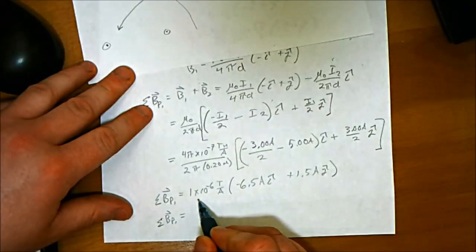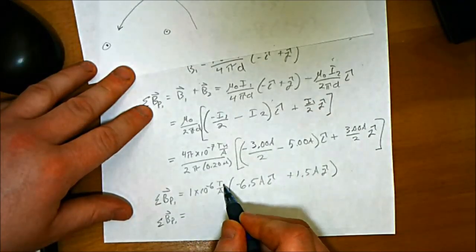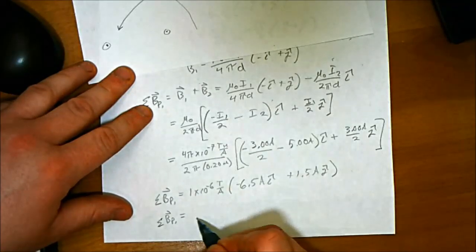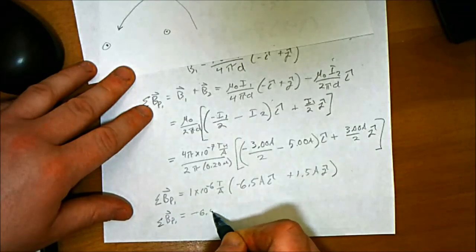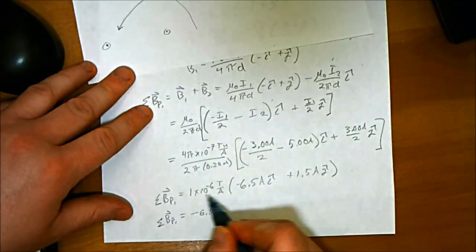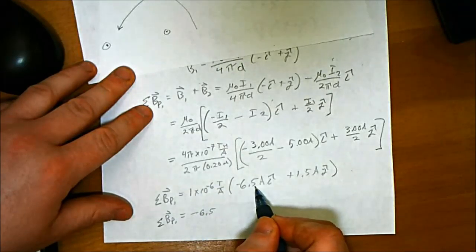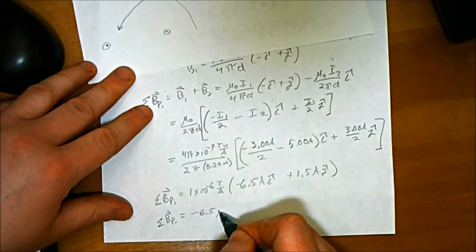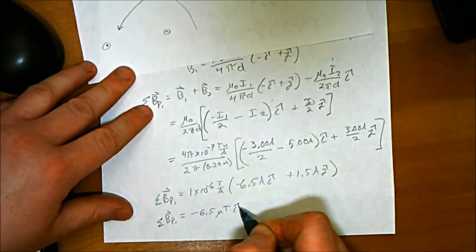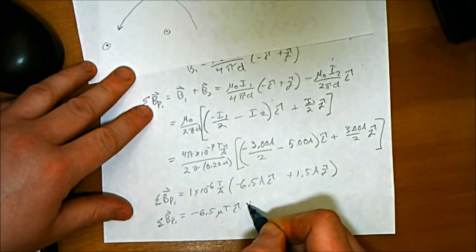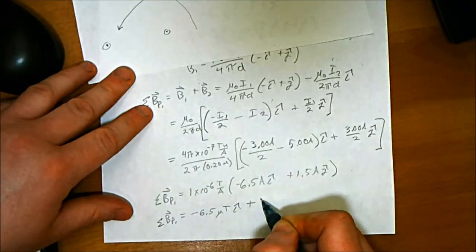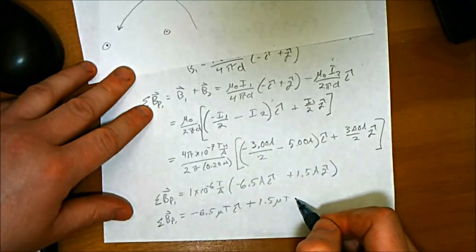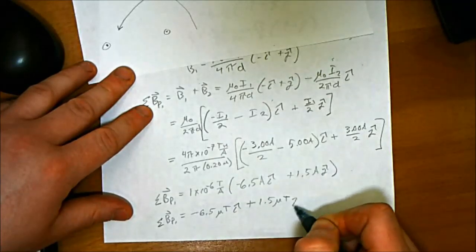Okay, so you've got 1 times 10 to the negative 6 tesla per amp times these two components. So that gives you negative 6.5. So this math is easy. 6.5 times 10 to the negative 6 teslas, or microteslas, i hat, plus 1.5 microtesla, again same thing there, j hat.